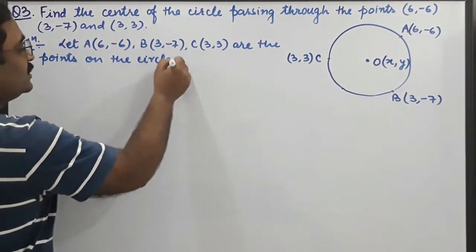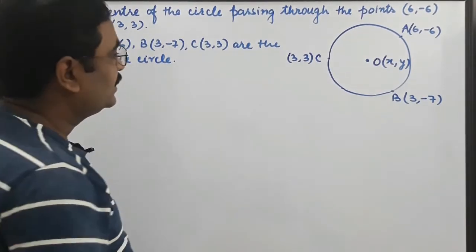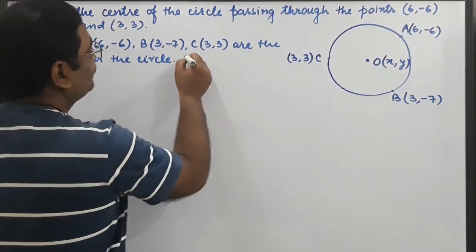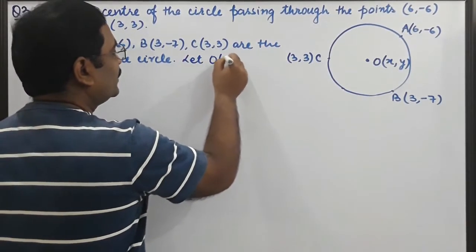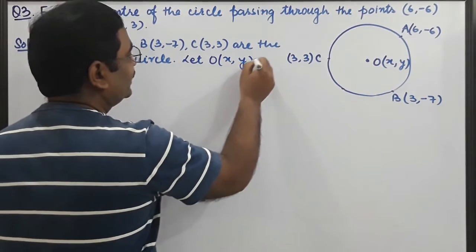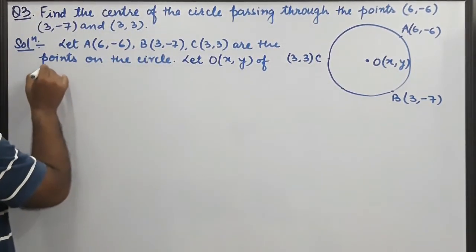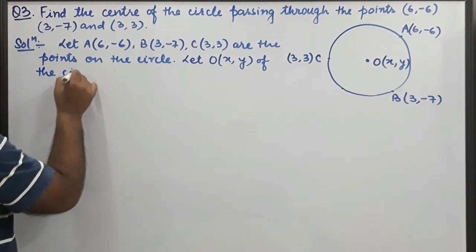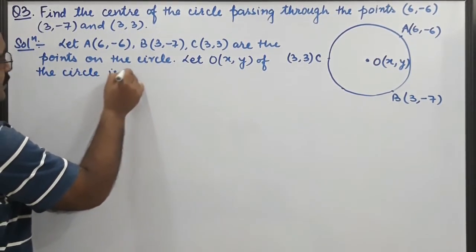Means this circle is passing through these 3 given points. Let center O whose coordinates are (x, y) of the circle is the center.